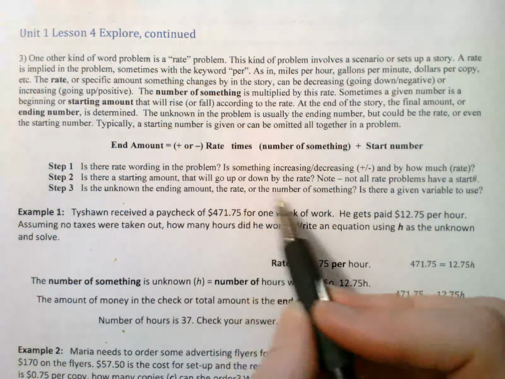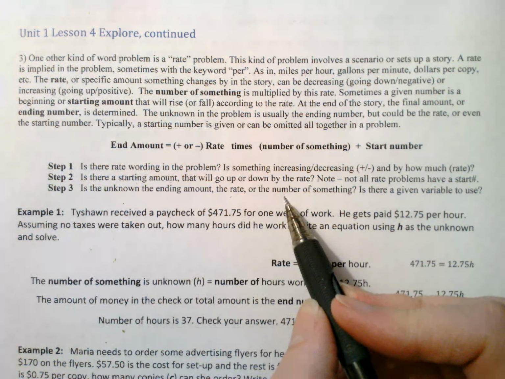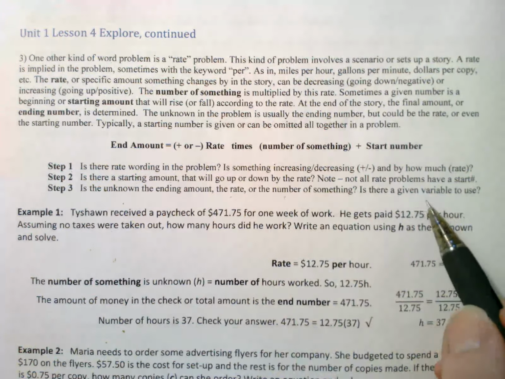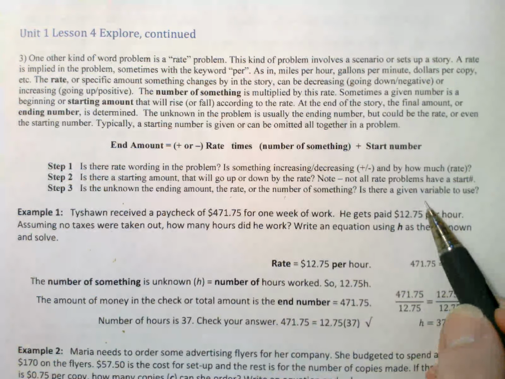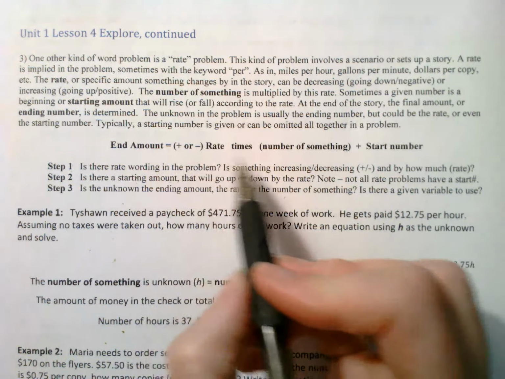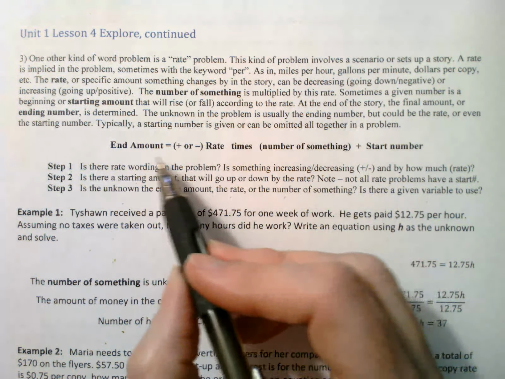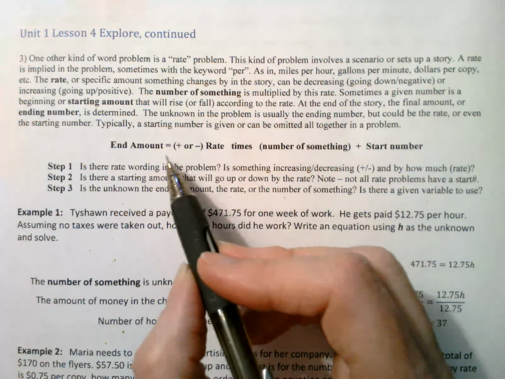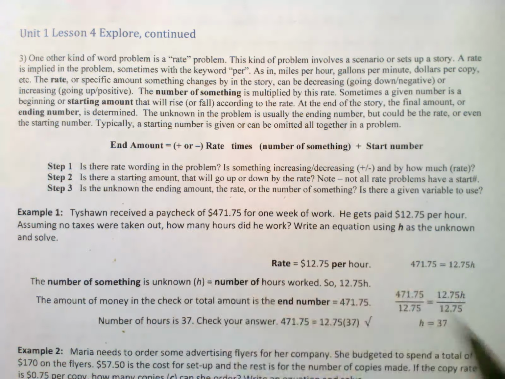Or maybe I don't know the rate. Maybe I don't know where the number started from. And is there a variable they're asking for us to use? So we want to set up an equation that has these three or four things, using a variable they gave us in the problem.